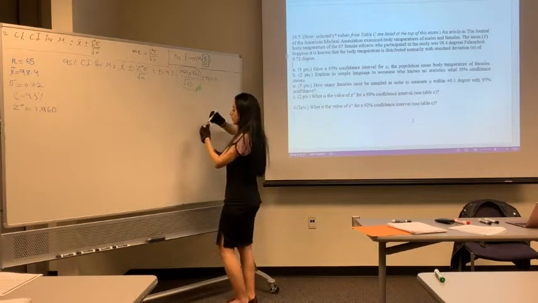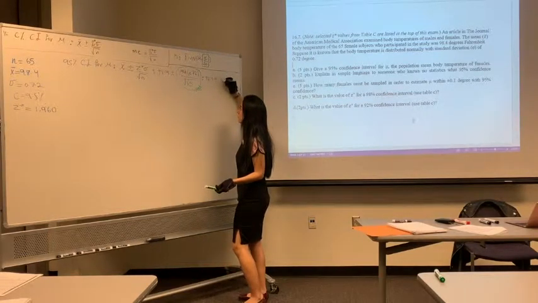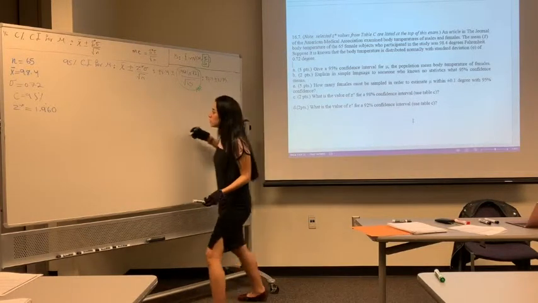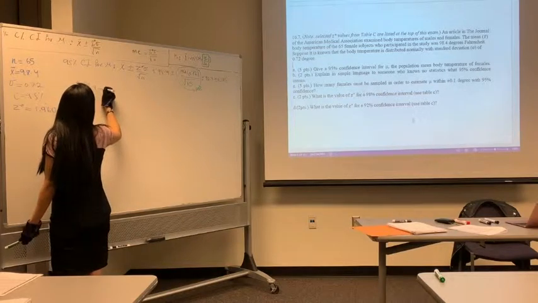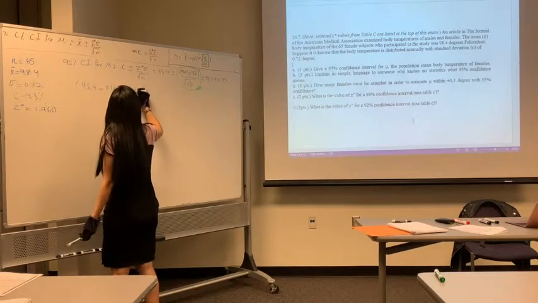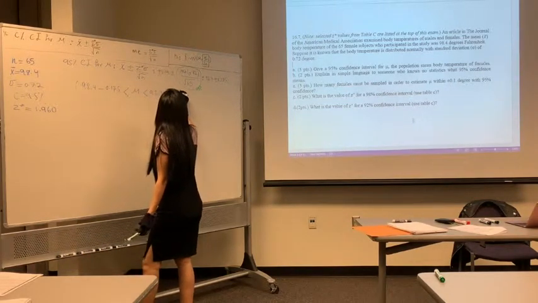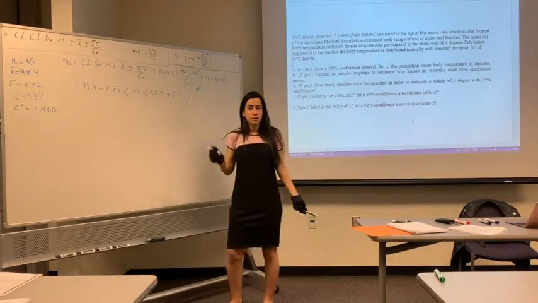What is it? 0.175. Then we have the boundaries: 98.4 minus 0.175, then 98.4 plus 0.175.